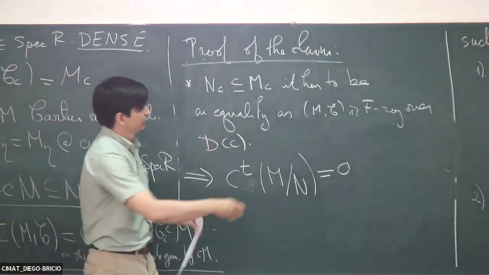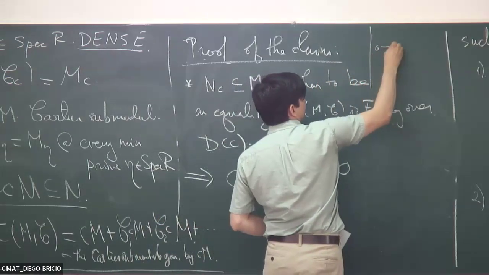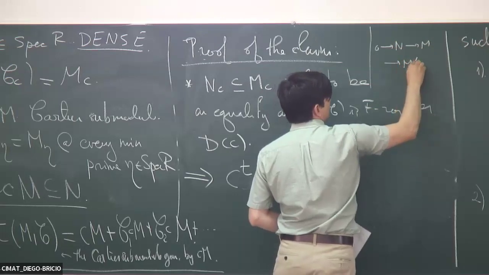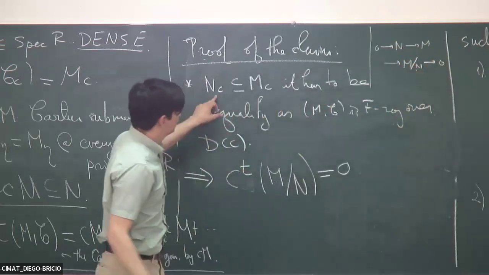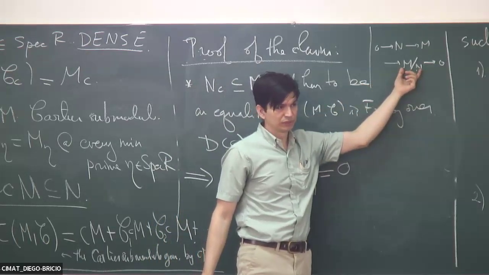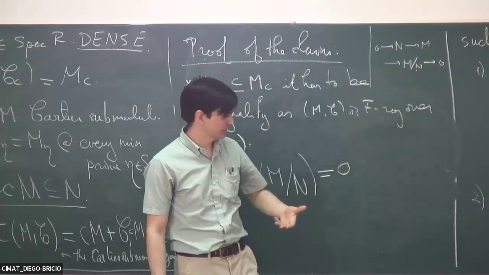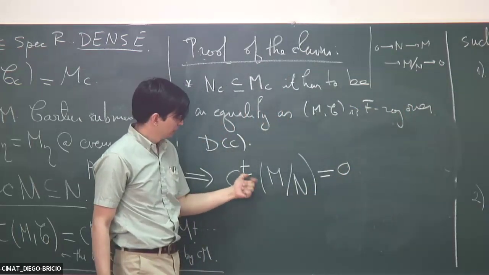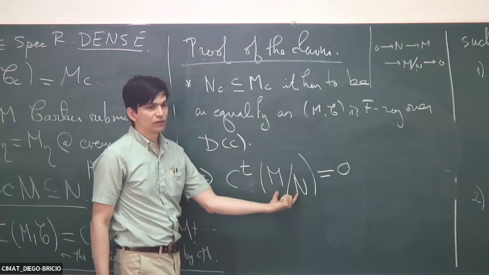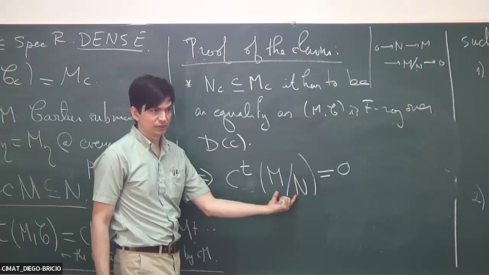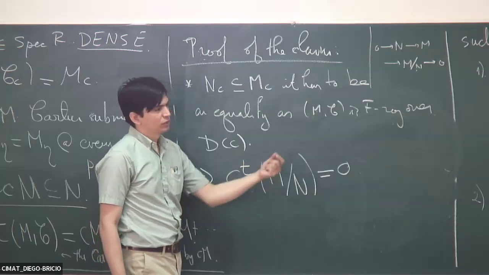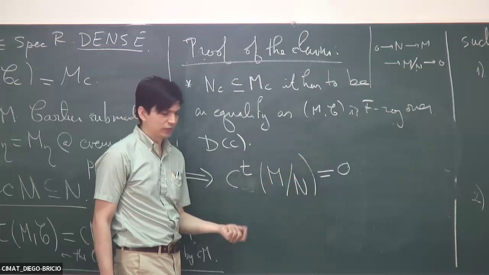Right? So you have this exact sequence: 0, N inside M, and then you have the quotient. What this means is that this quotient vanishes on that principal open, and vanishing on that principal open means that you can find a sufficiently large power that kills it, because these things are finitely generated, right? That's an important step here. A module that vanishes when you localize it at c means that you can kill every single one of these generators by some power of c.